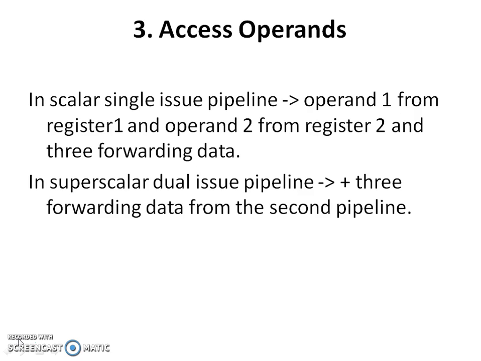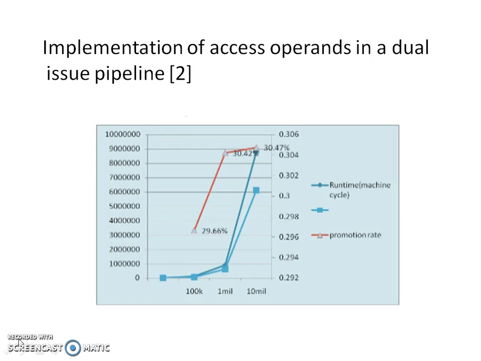When it comes to the superscalar dual-issue pipeline, there are 3 additional options from which the operands can be chosen. These are the 3 forwarding data from the second pipeline, which is pipeline 2. This is the implementation of the access operands in a dual issue pipeline where the runtimes and the performance enhancement rates are shown.